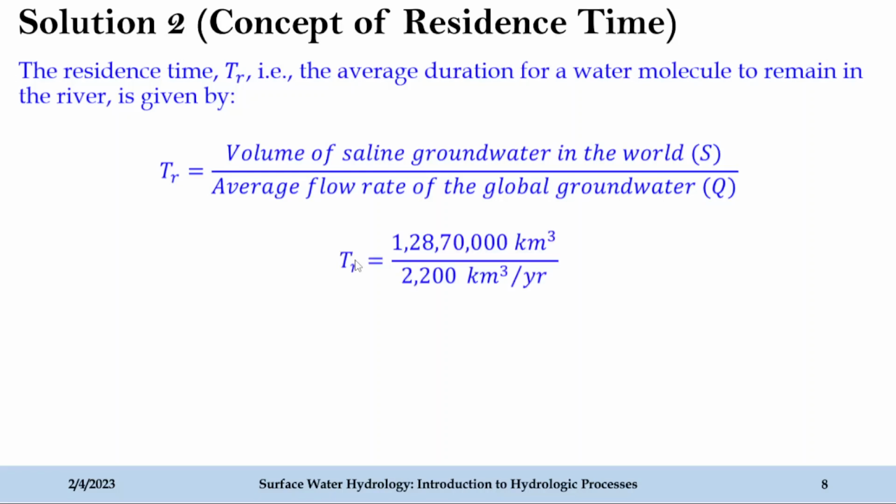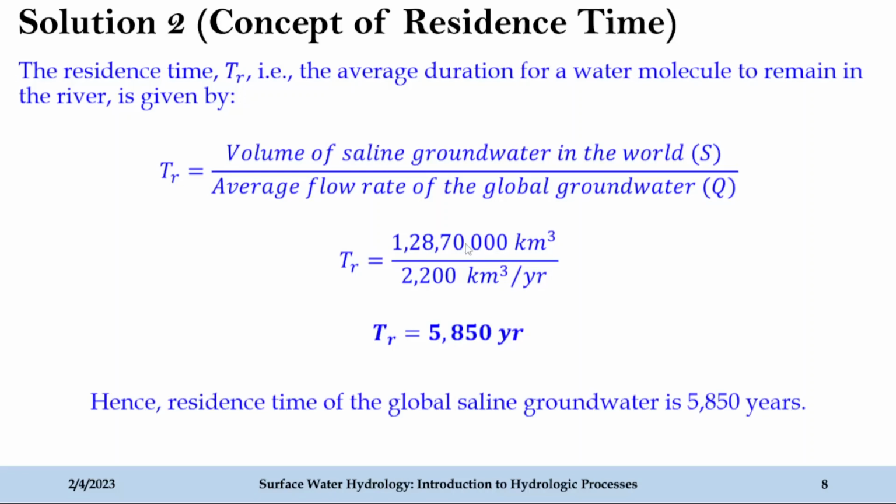If we substitute the values that we have seen previously in the table, it is 12870,000 kilometer cube, the volume of the saline groundwater in the world, divided by the flow rate of the global groundwater, which is 2200 kilometer cube per year. Solving this, we get 5850 years. You can also realize that once the water molecule enters the saline groundwater system, it will stay in that system for 5850 years.